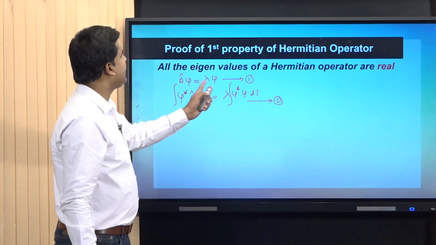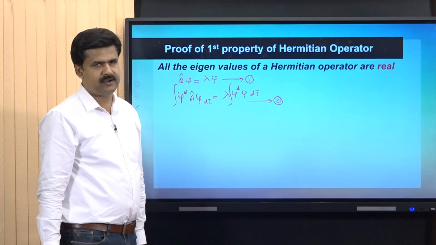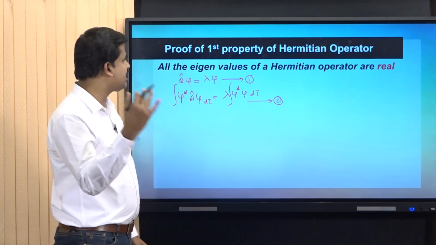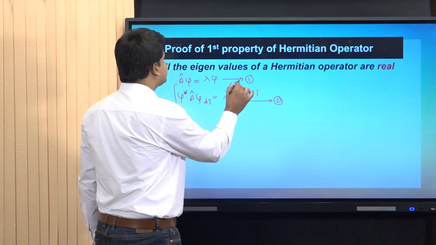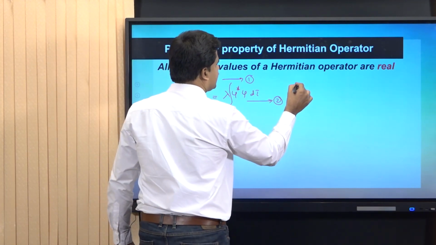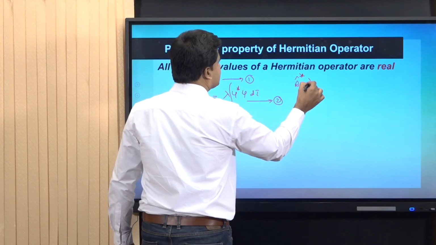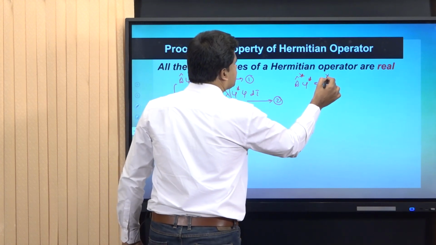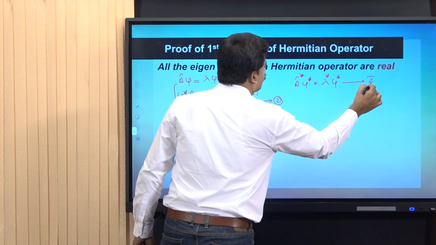Now take the complex conjugate of equation 1. That means replace every term with its starred term, that is, complex conjugate. After taking the complex conjugate of each term in equation 1, I got the expression A hat star psi star equal to lambda star psi star. I mark it as equation number 3.